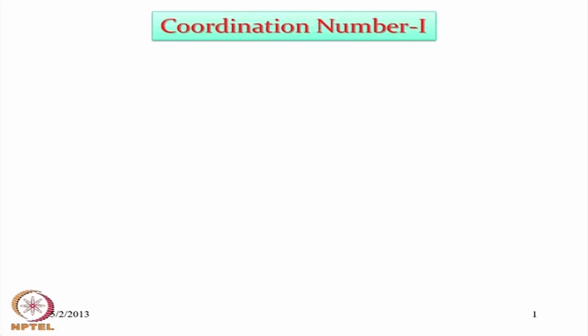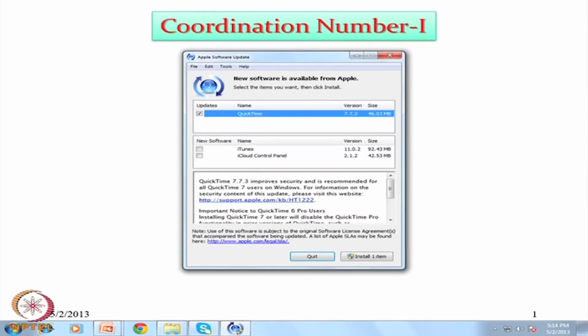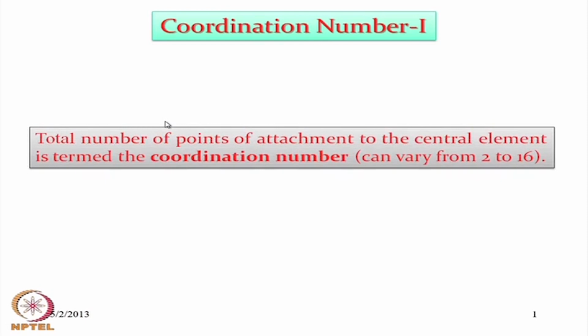So if we just proceed in this manner for this first class, which is devoted to coordination number part 1, and how we can define this particular system is that the total number of points attached to the central element, what we are just now discussing, the total number of fluorine atoms attached to the boron center, we can call the coordination number.